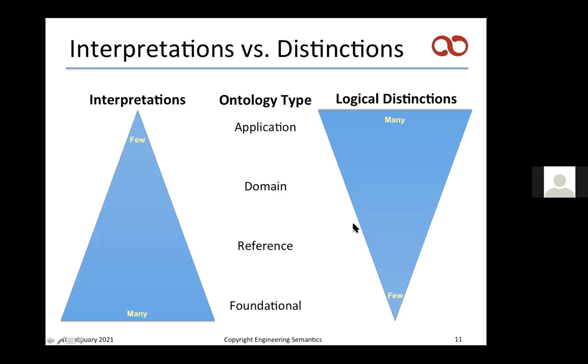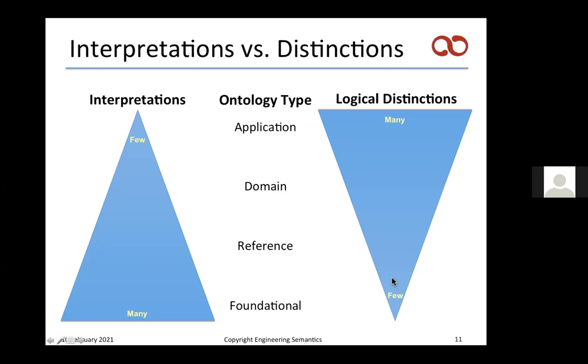On the one hand, we have this notion of logical distinctions. These are, if you like, more clauses in a formal assertion. If you have very few logical distinctions, usually associated with foundational ontologies, you're going to have many interpretations. That is, many possible models that would satisfy those logical distinctions.